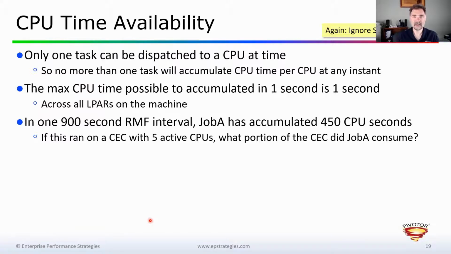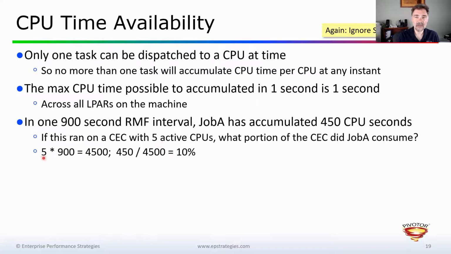This is something that sometimes people have a little bit of trouble understanding, but if you have, for example, a 900-second RMF interval and job A accumulated 450 CPU seconds, and this ran on a machine with 5 active CPs, what portion of the machine, what portion of the capacity, did job A consume?